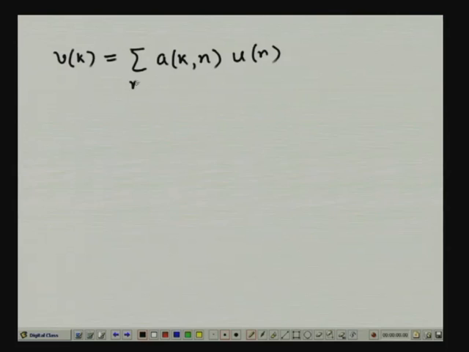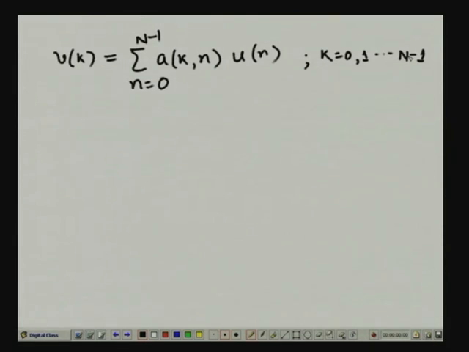It can be represented as a series summation, which will be given by v k equal to summation of a k n into u n, where n varies from 0 to capital N minus 1, and this has to be computed for k equal to 0, 1 up to n minus 1. So, I get all the n elements of the vector v k.